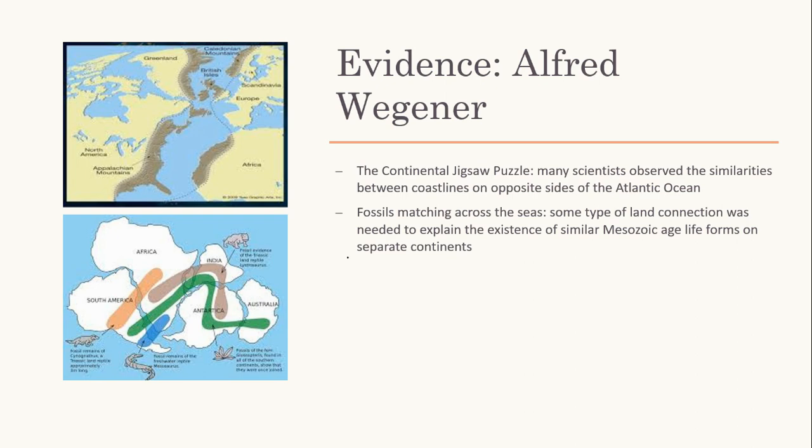Fossils matching across the seas is another piece of evidence. Some type of land connection was needed to explain the existence of similar Mesozoic age life forms on separate continents. So scientists noticed, hey, we have some, I can't quite read this, let's just call it an ancient lizard. We have some ancient lizard fossils here in South America, and we have them here in Africa.